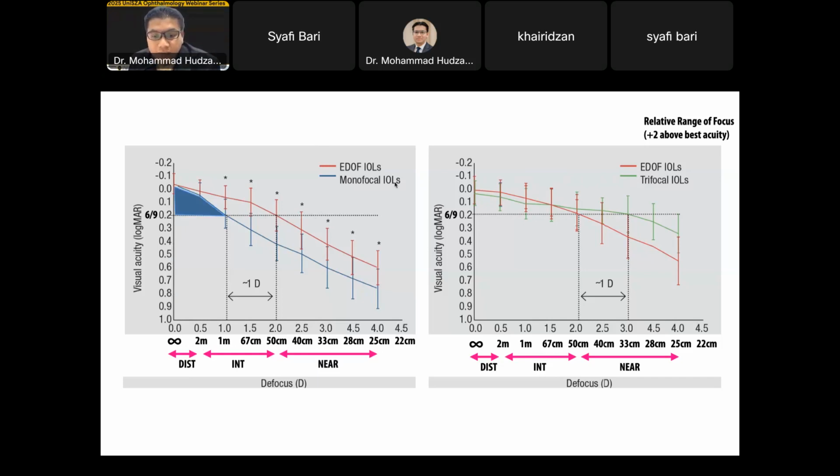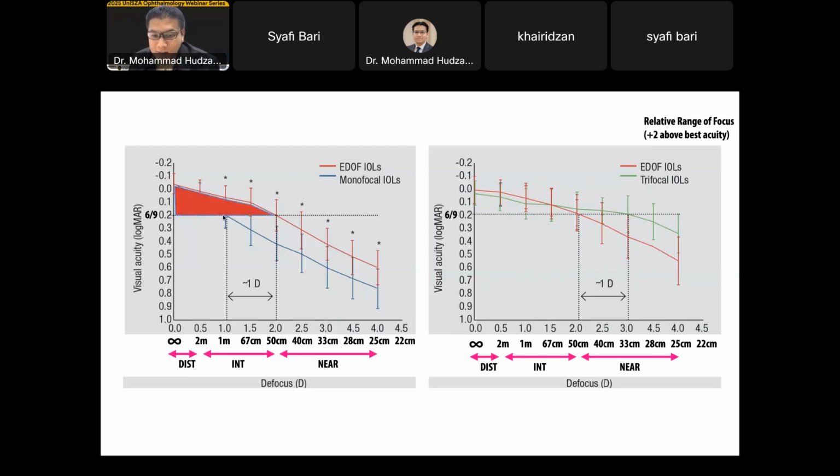In the case of a monofocal IOL, the blue line, the monofocal IOL will provide good vision from infinity until 1 meter only. Then from 1 meter to 67 centimeters, it starts to drop until 25 centimeters. So the lens can only provide good vision at infinity until 1 meter only.